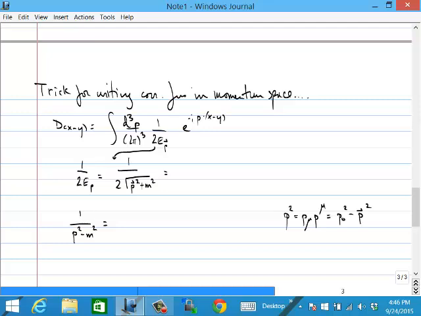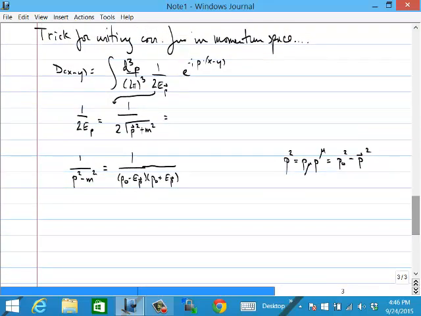That's 1 over p0 squared minus p vector squared minus m squared, which I could write as 1 over p0 minus E_p times p0 plus E_p, because E_p is the square root of p vector squared plus m squared. And so then I could think about p squared minus m squared as a function in the complex p0 plane.